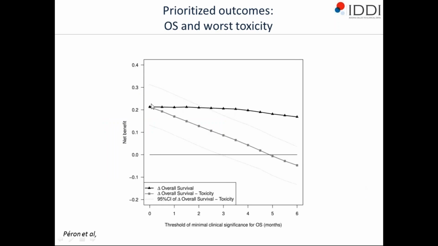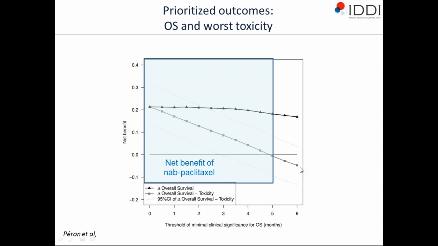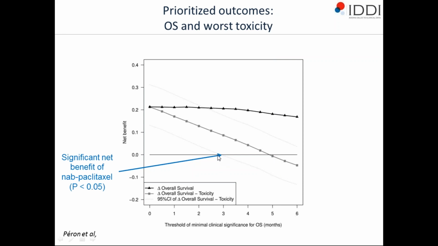And as you would expect, if we look at the generalized pairwise comparisons, the treatment benefit in terms of survival alone remains very comfortably significant regardless of the threshold. But if I take account of the grade 3, grade 4 toxicities, what I see is that I have a net benefit of the combination up until roughly 5 months, and it's statistically significant up until roughly 3 months.